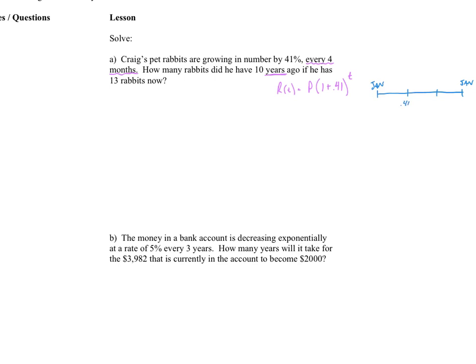So this rate happens 3 times in 1 year. That's how we have to think of this, right? The rate happens in 4 months, 4 months again, and 4 months again, and there you go. So the 41% just affected the number of rabbits 3 times per year.